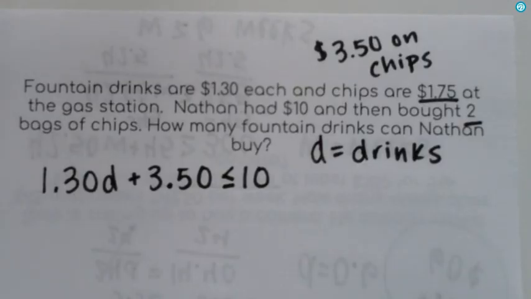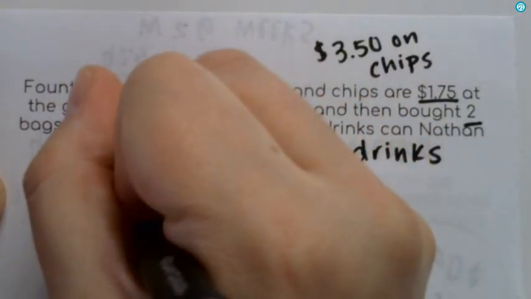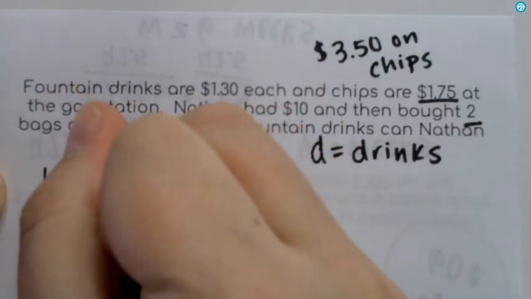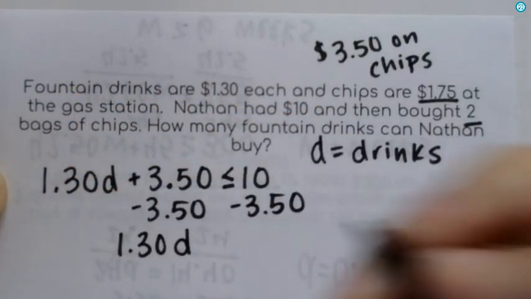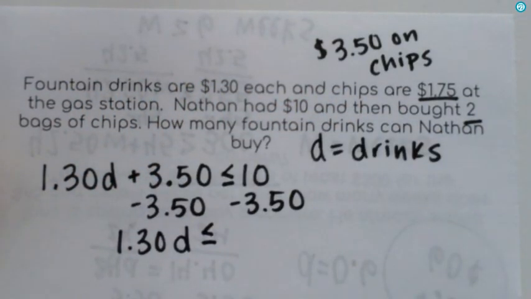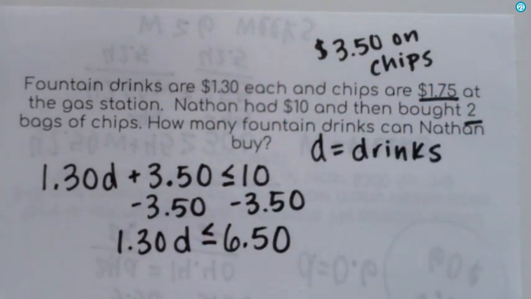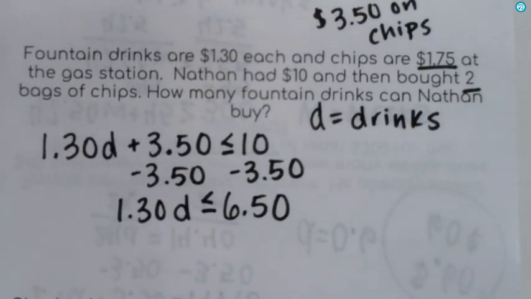Okay. So from there, we'll subtract the 3.50. We'll have 1.30 D is less than or equal to 10 minus 3.50, which is 6.50. And we'll divide by that 1.3.